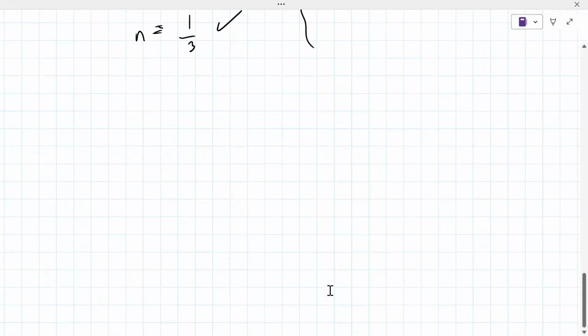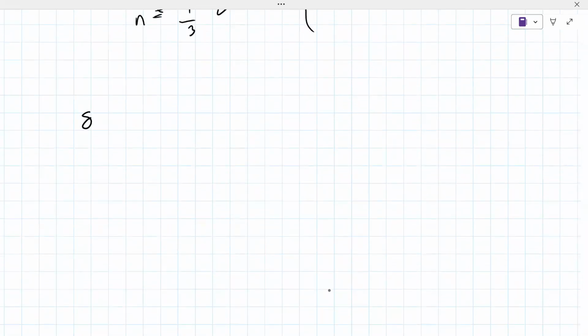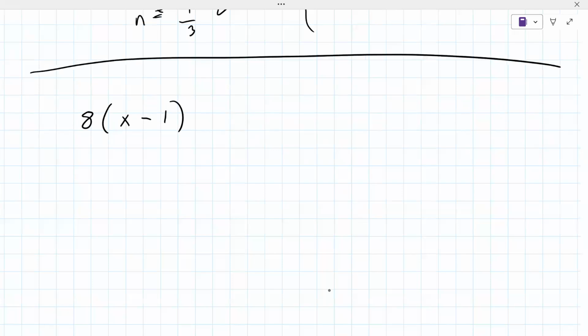Okay, doing great here. So really quickly, if I had something like 8 times x minus 1 from your previous math course, do you remember how to simplify this using the distributive property? It'd be 8x minus 8. Very good. That leads us into the next grouping of problems.